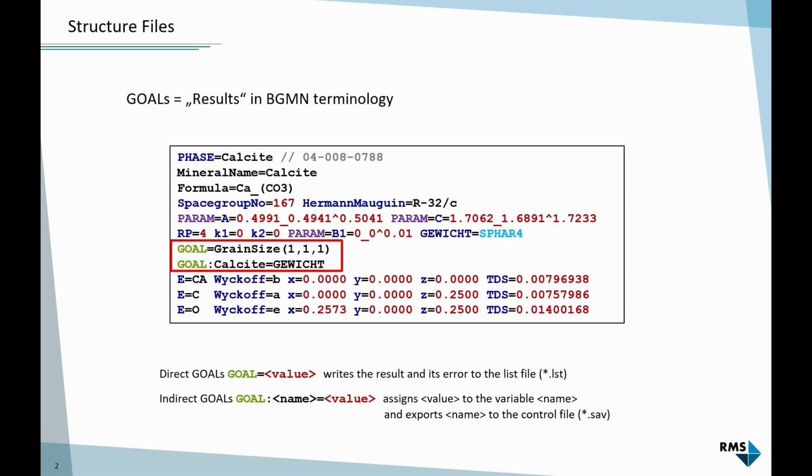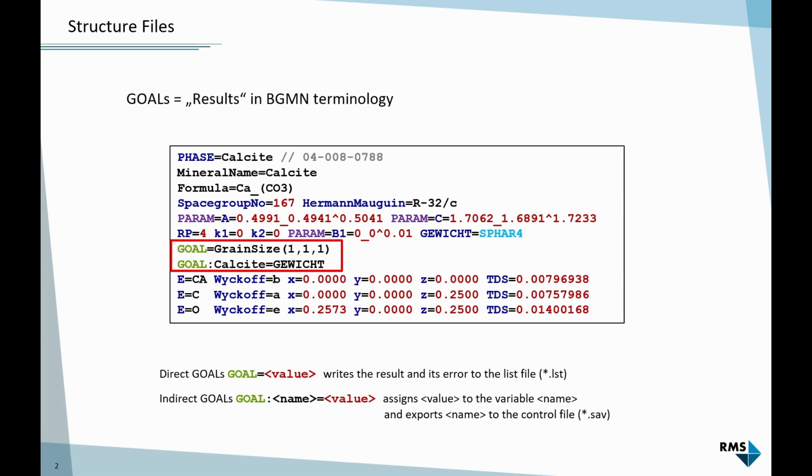And by adding the prefix goal equals, we instruct it to write the result to the list file. That's all. And then the grain size, it accepts HKL parameters, so we can specify in which crystallographic direction we want to get the crystallite size. We could add multiple lines. For example, in a needle-shaped crystal, we could ask it to print the results in 001 direction and in 100 direction, if that's what we are interested in.